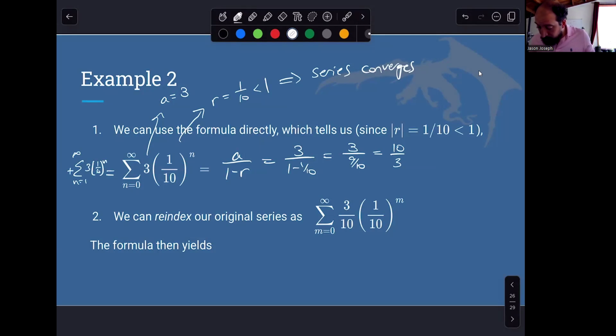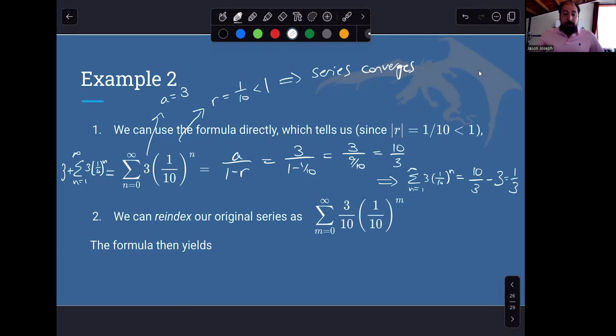The a0 term is just 3, because it's 3 times 1/10 to the 0. So our answer that we really want is the total sum starting from 0 minus 3. And 3 is 9/3, so we get the 1/3 answer we were hoping for.